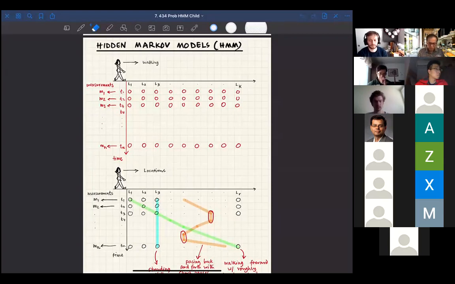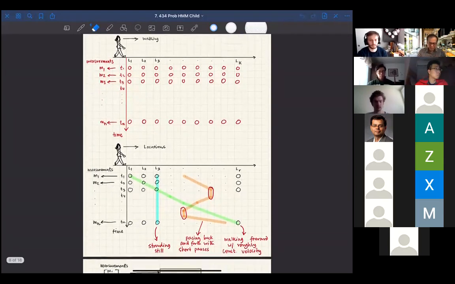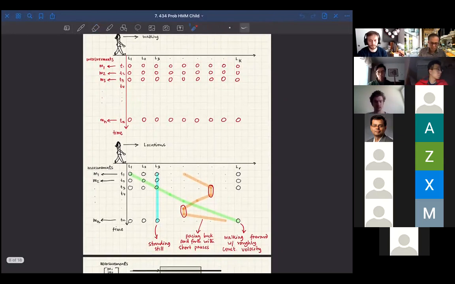And so we modeled this problem where we said, look, here is a person walking over L1, L2, L3 till LR, actually. We should have said LR here. And the y-axis is time. And at every time, there's a measurement. In our case, it's an IMU measurement.